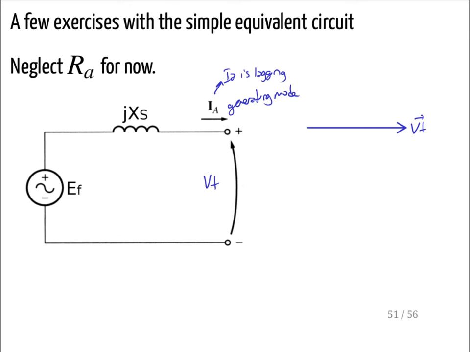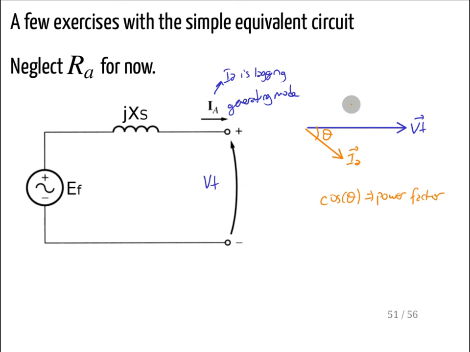And this is my current vector, and cos theta is the power factor.